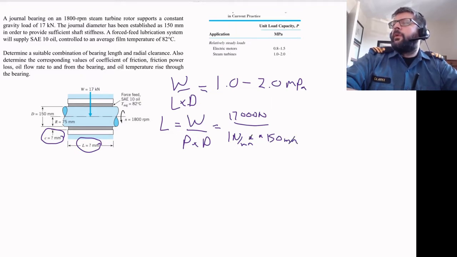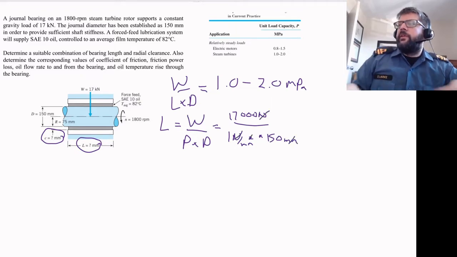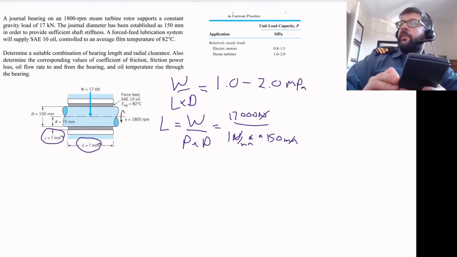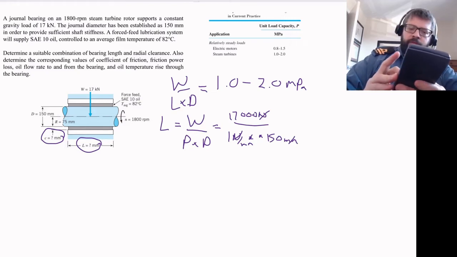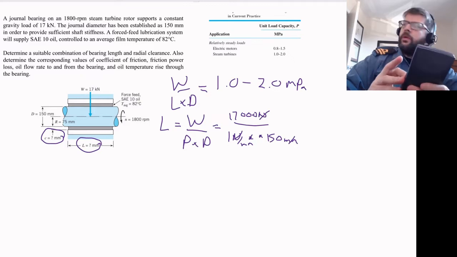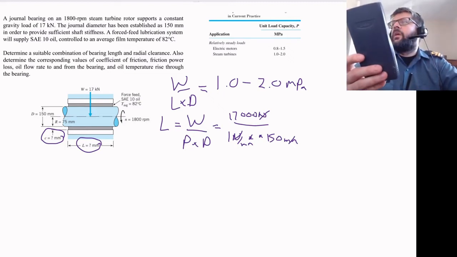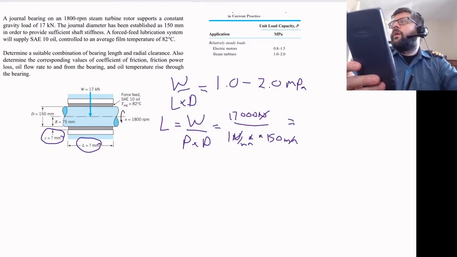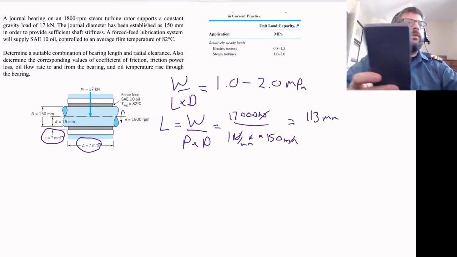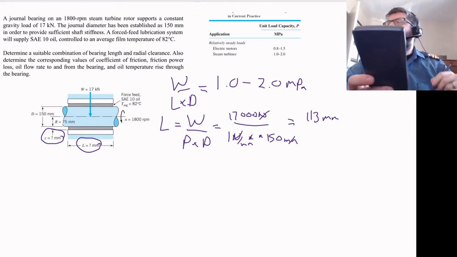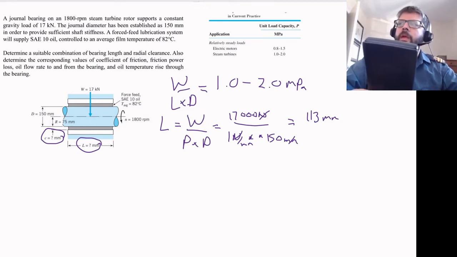Again, one of the millimeters cancels out, the newtons cancel out, and we are left with a length of 113 millimeters. So that's for the 1 megapascal condition.